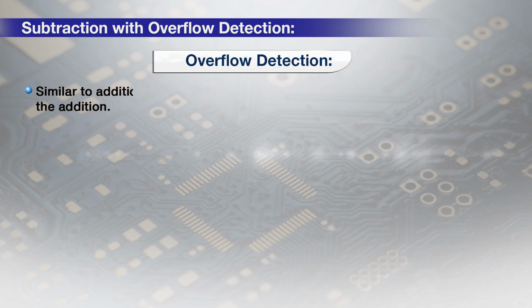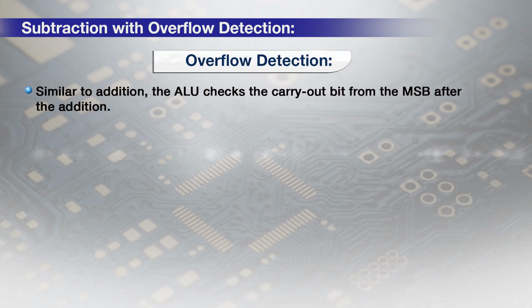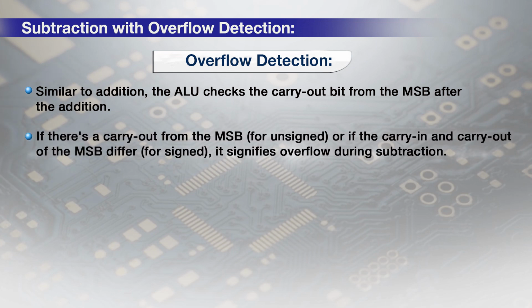Overflow detection. Similar to addition, the ALU checks the carry out bit from the MSB after the addition. If there is a carry out from the MSB for unsigned numbers, or if the carry in and carry out of the MSB differ for signed numbers, it signifies overflow during subtraction.